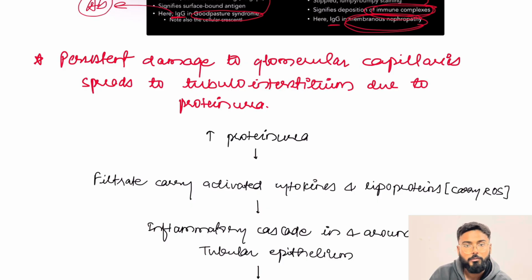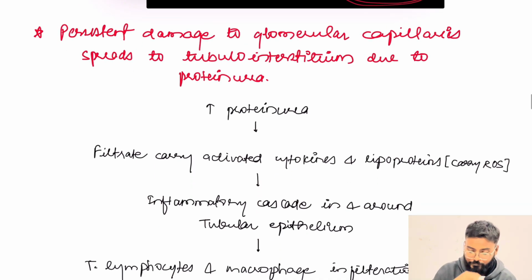Your tubules are normal, your tubulointerstitium is normal, but how is this inflammation of the glomerulus going to affect your tubules and your interstitium? Whenever the glomerulus is affected and inflamed, there will be proteinuria. See, so there is increased protein in the filtrate, and this filtrate is going to pass through these tubules.